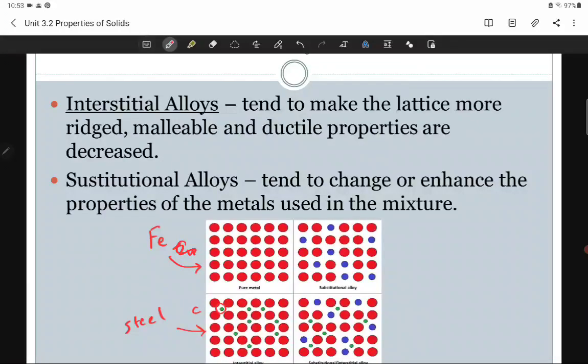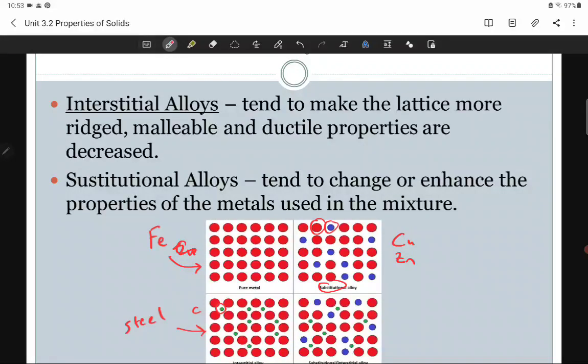On the other hand, these are not drawn to scale, but let's make this copper and zinc. I think that was the one I gave you guys before. Copper and zinc are very close together as far as size, so these different sizes here might be a little too far apart, but you get the idea.